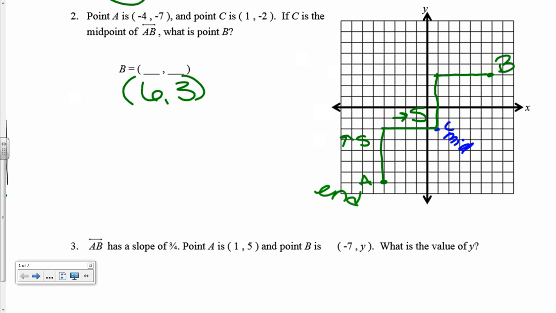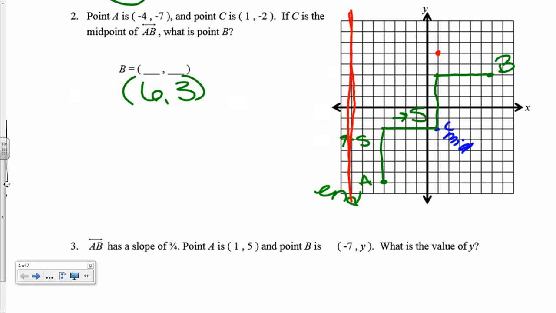Number 3, I'm going to use this graph for. It says AB has a slope of 3/4. Point A is 1, 5. There's that point. And point B is negative 7, y. What I always do is highlight the line for the x value that I'm looking for, which is negative 7. Then I know to get from point to point, I use my slope of 3/4.